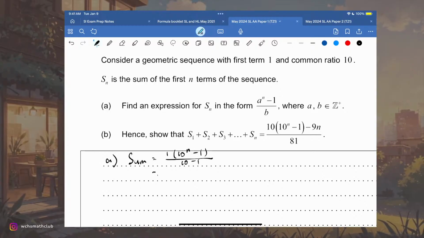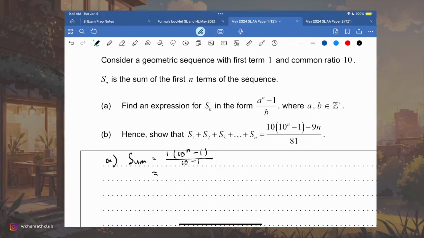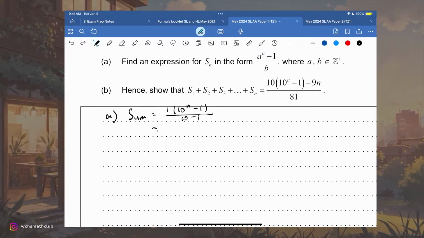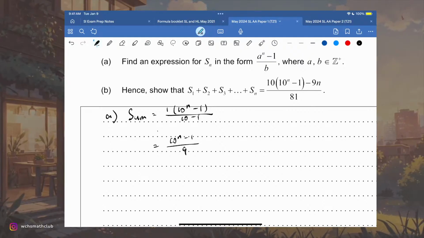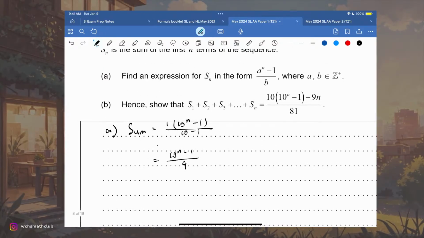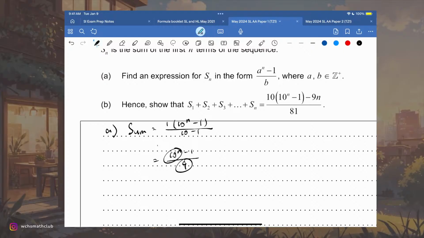And then you can simplify this a little bit further, so this will become 10 to the n minus 1 over 9. And we can verify that this follows the solution because it wants these to be integers, which we have.